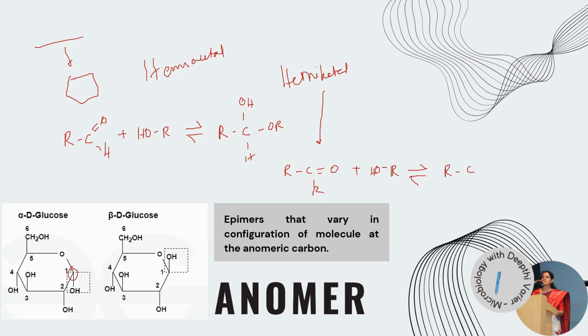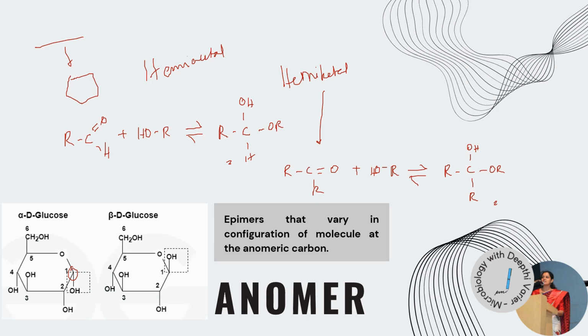So we have R, C, there's OH over here, OR over here, and an R group at the bottom. So this is a hemiketal, and the previous one is a hemiacetal. Basically, when an aldehyde or a ketone reacts with an alcohol, you get these structures.